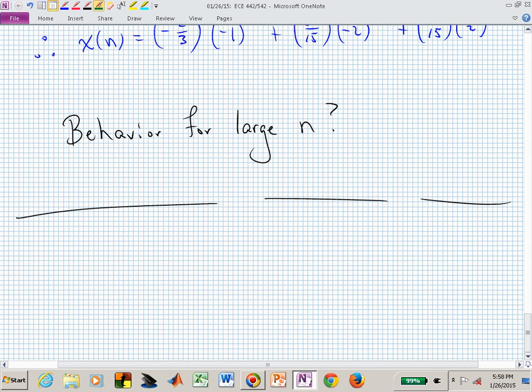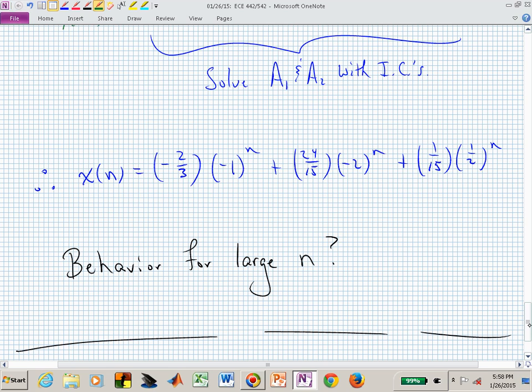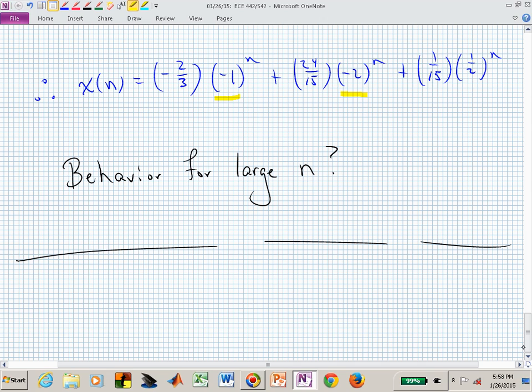By that, I mean a system that might be stable. That means that if you had this and that, you would want those to have an absolute value less than 1. And then you would have a stable response. Then these values for x would be decaying as n increases, or collapsing.